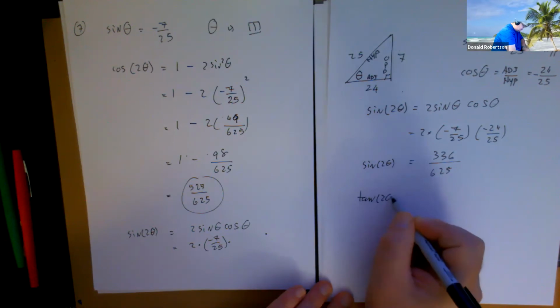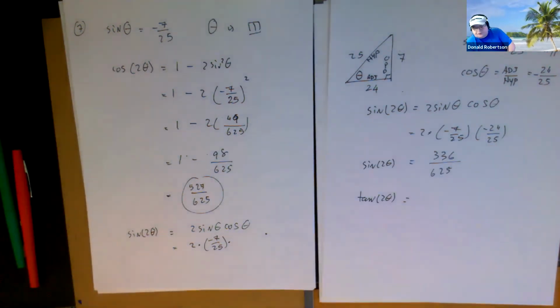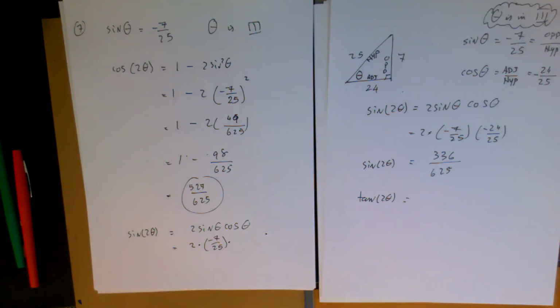I'm not going to do this one. How would I do the tangent of 2 theta? I mean, that's the third thing they could ask. Would you do? Oh, sorry. No, go for it. Oh shoot, I feel bad because I feel like I'm controlling everything. 2 tan divided by 1 minus tan squared.